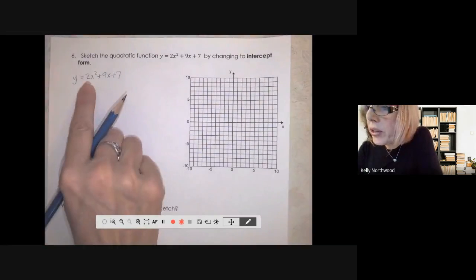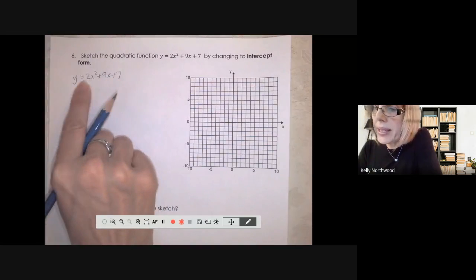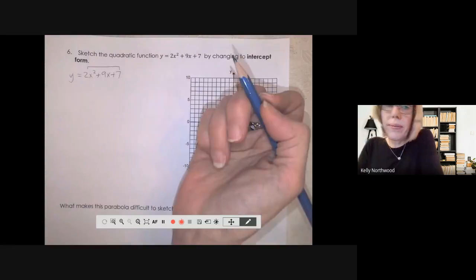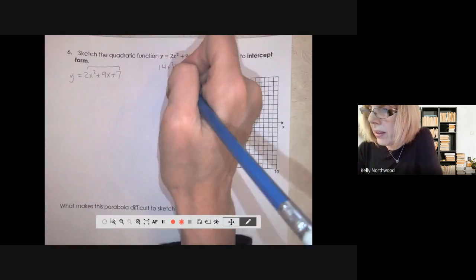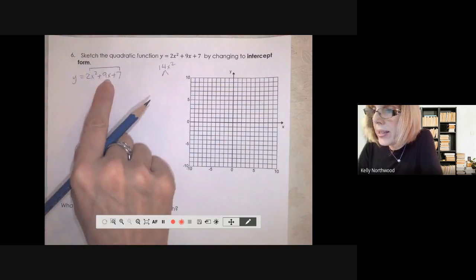So the first thing you would do on one of these questions is you would see if the 2 was common, because that would be the best case scenario, but it's not. So then you have to do decomposition. It's all positive at least, that's nice. So you need 2 terms that multiply to 14x squared and add to 9x.